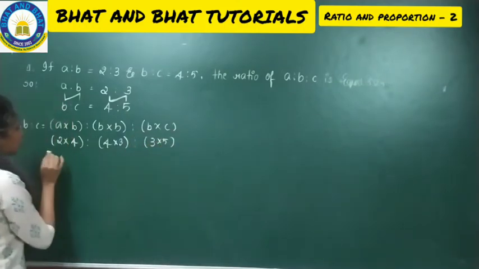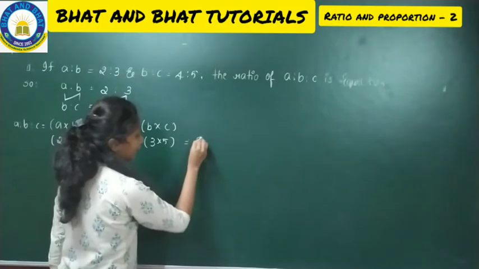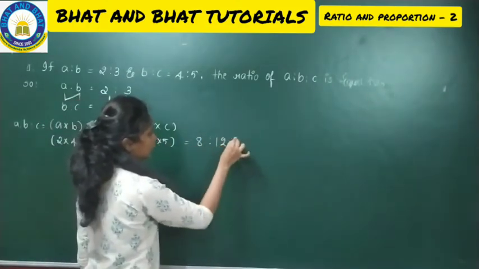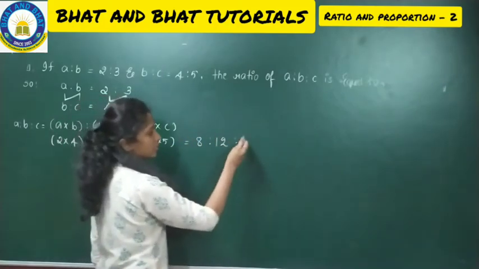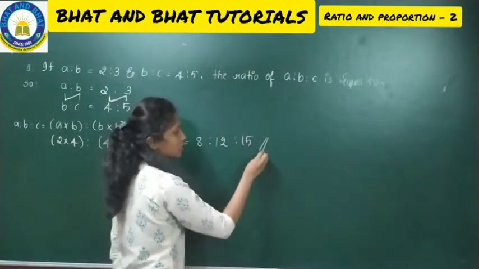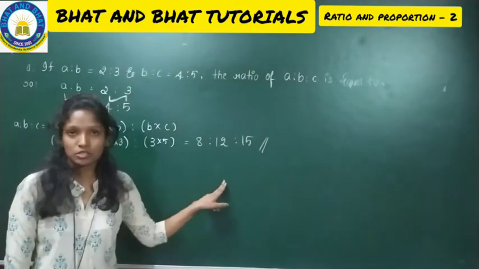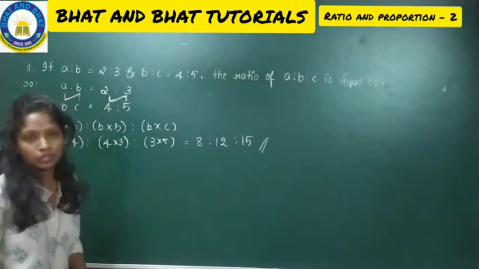So now tell me, 2 4s are 8, is to 4 3s are 12, is to 3 5s are 15. So what is the ratio of A is to B is to C now? 8 is to 12 is to 15. Make a note.